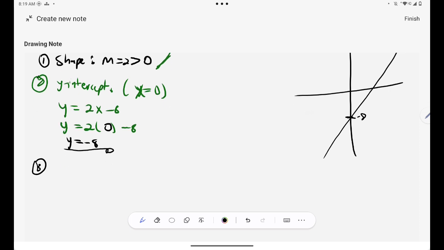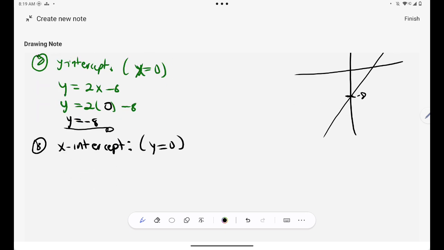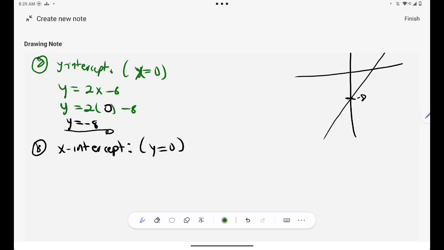Step number 3, find your x-intercept. I don't care what kind of a graph you are dealing with, but always make y 0, solve for x. How so? y = 2x - 8, right?